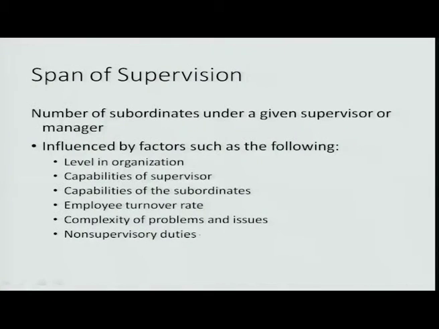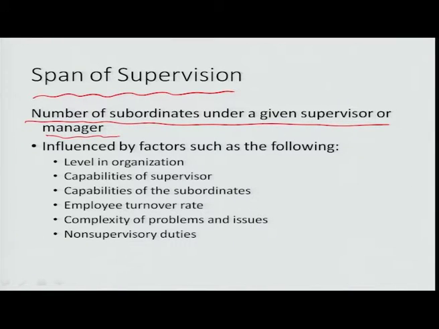Again, there can be structuring based on the span of supervision, and this really includes who reports to whom. For example, typically if the classification of an organization is done on the basis of the number of subordinates under a given supervisor or a manager, there could be certain zones within which the manager operates, okay, and this would definitely be influenced by factors like the level in the organization, the capabilities of such supervisors, the capabilities of the subordinates, the employee turnover rate, the complexity of problems and issues involved while dealing at the supervisory level, or some non-supervisory duties if any.